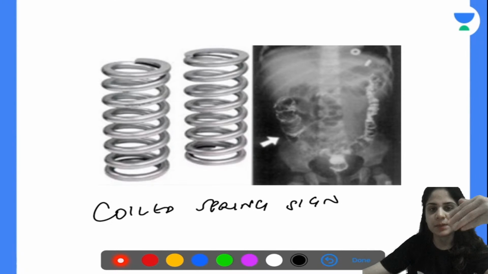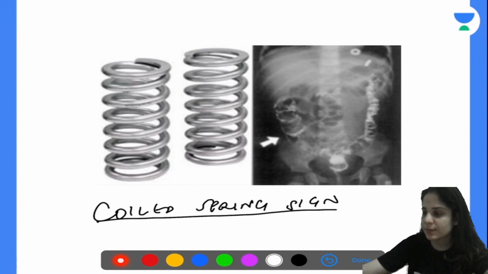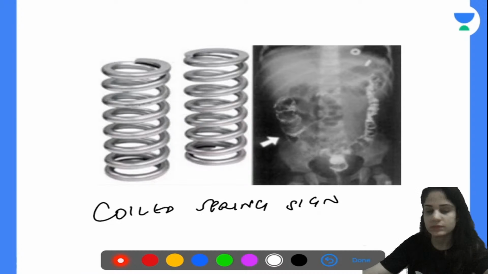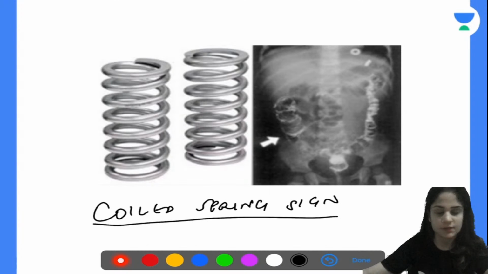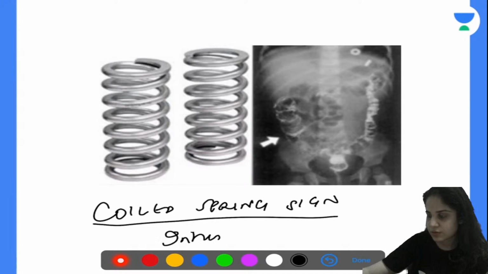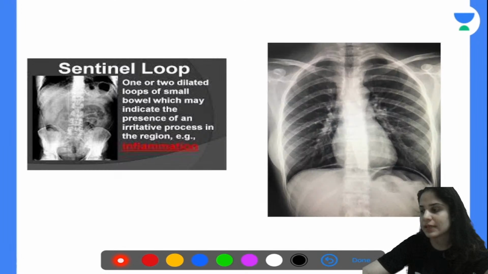Whenever barium passes through the bowel in case of this condition, it will pass like a coiled spring. So what is the disease in which you get this? Yes, very good. Coiled spring sign is seen in intussusception. Excellent.